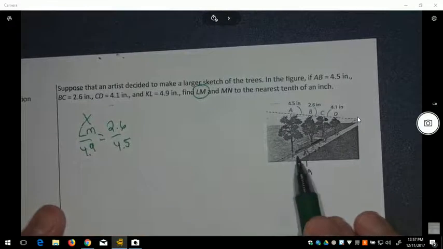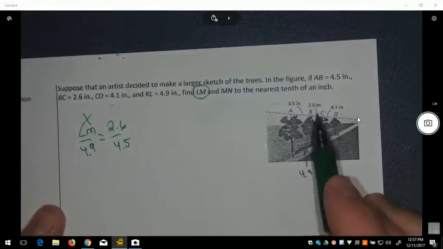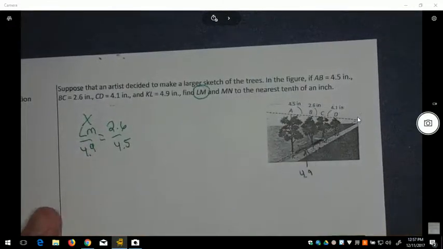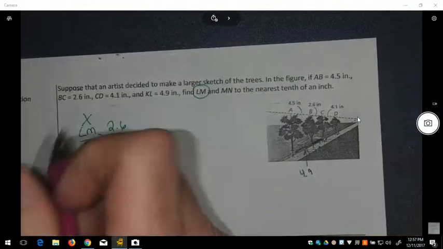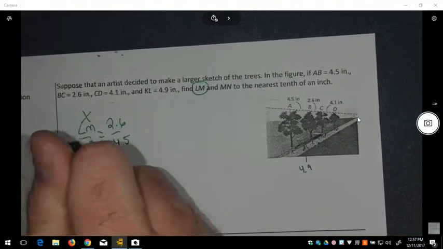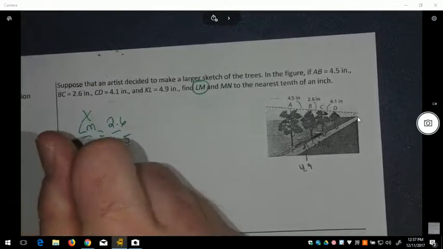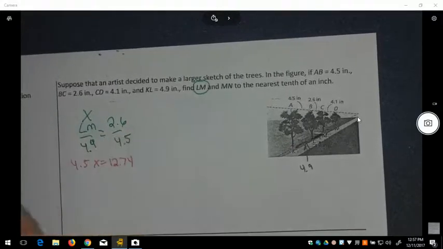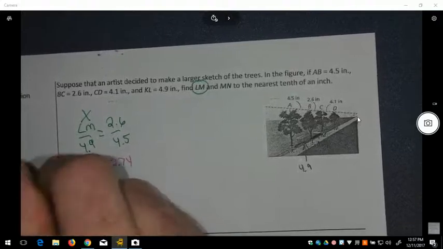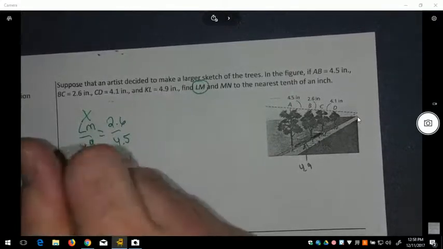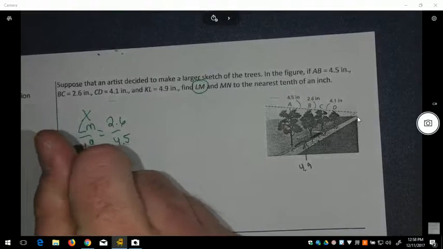So piece over piece on this transversal, piece over piece on this transversal. So now when I cross multiply, 4.5x equals whatever 4.9 times 2.6 is, which is 12.74. Divide by 4.5, x is 2.83, or approximately 2.83.